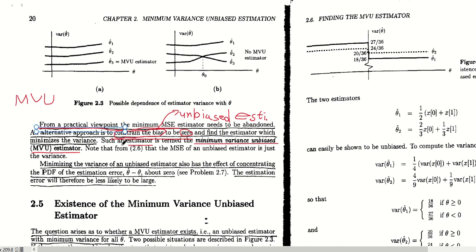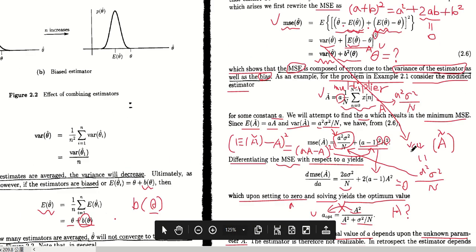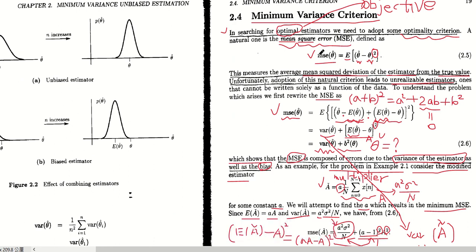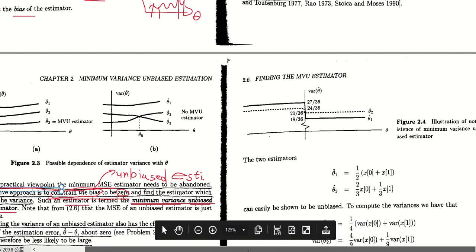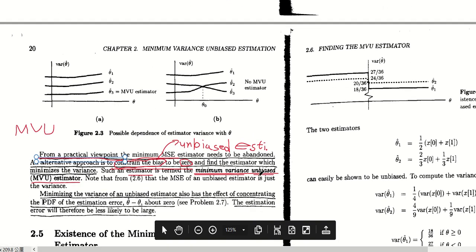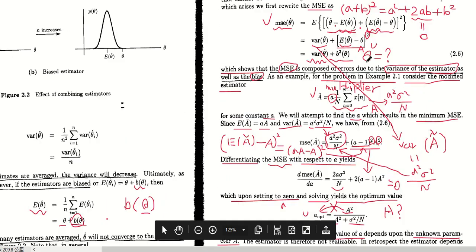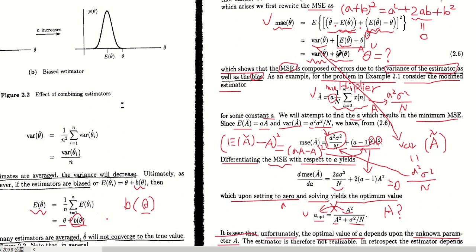Such an estimator, we call it minimum variance and then unbiased, as opposed to previously where we said minimum square error only, without unbiased. We didn't say unbiased, but now we add something extra, that is unbiased. Then if we see the unbiasedness, this term will be zero.